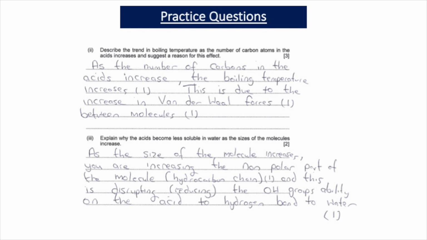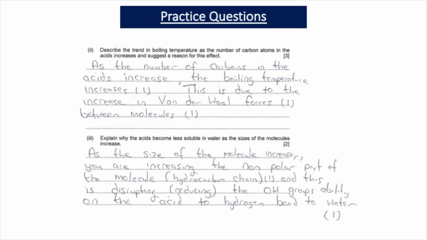Now, another way of looking at this is if you increase the alkyl chain, the polar OH group is a smaller proportion of the molecule in total, and therefore it's having less of an impact on the solubility.